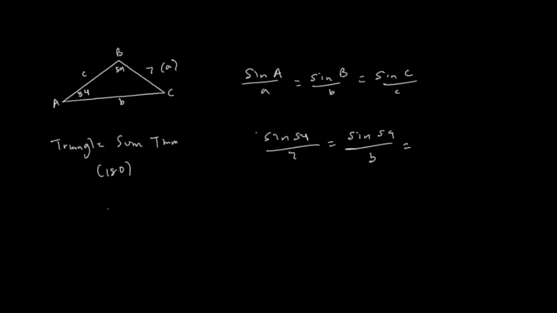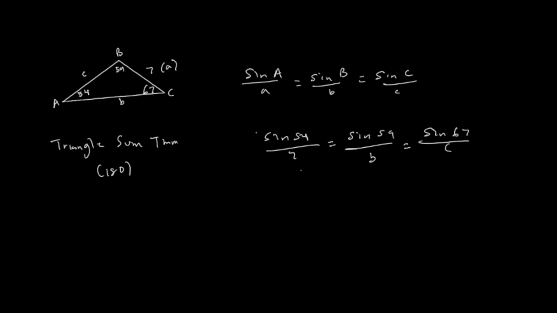So 59 plus 54 is 113, and subtract it from 180, and you get 67. So you know the angle here is 67. In a lot of cases when you have to use the law of sines, you'll be given two angles and have to solve for the third angle using the triangle sum theorem. So then we know this is sine of 67 over c.